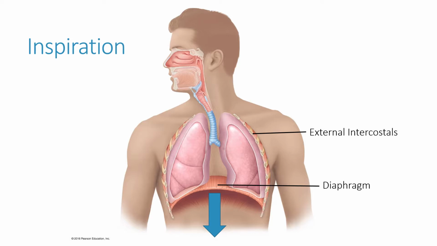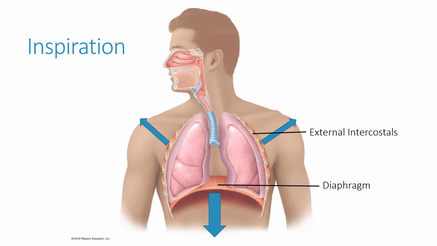At the same time this diaphragm is contracting down, our external intercostals contract up and grab the rib cage and pull it up and out, further increasing space in the thoracic cavity, further decreasing pressure. Once pressure in the thoracic cavity, and especially in the intrapulmonary space, is lower than atmospheric pressure, air rushes in to fill that extra space.